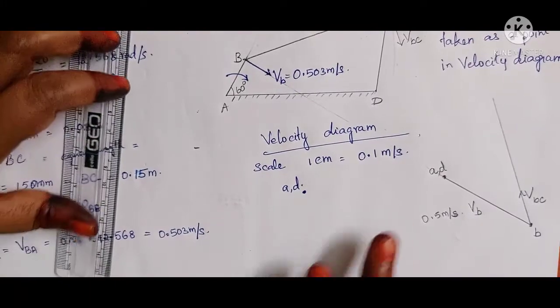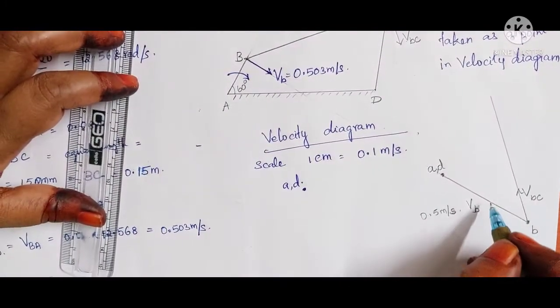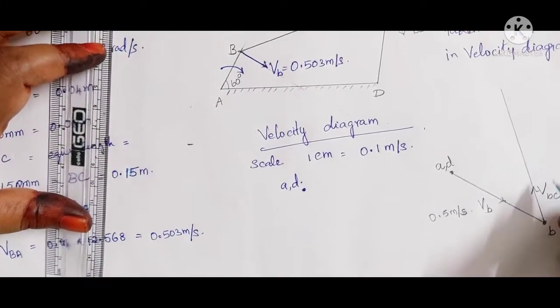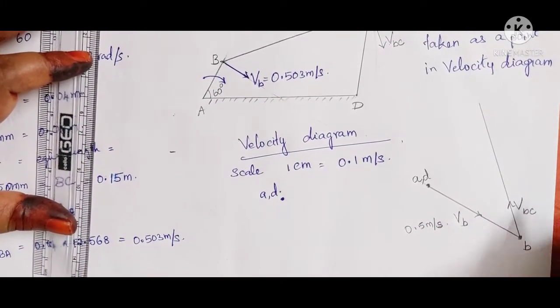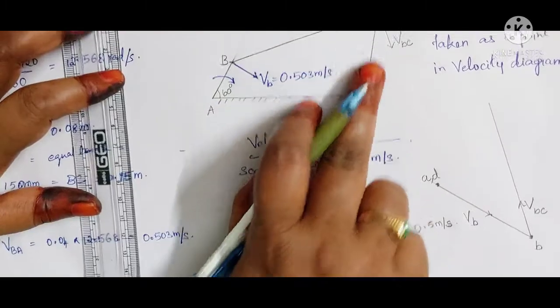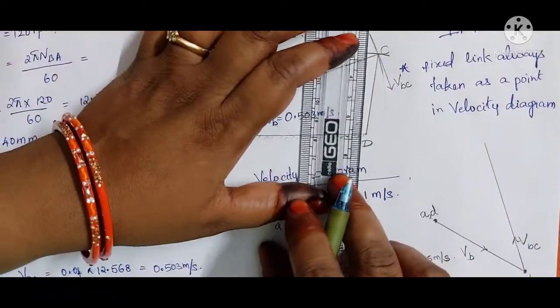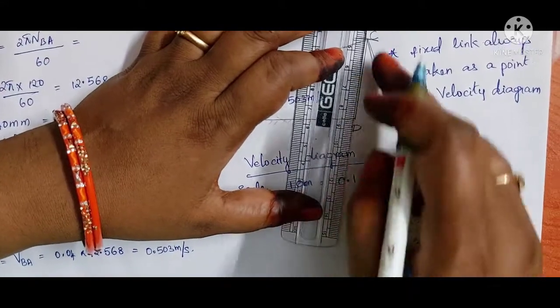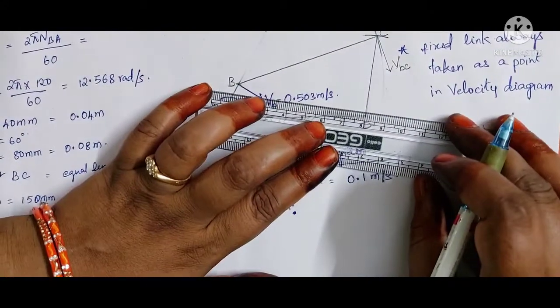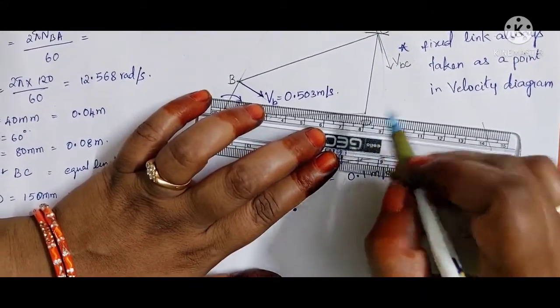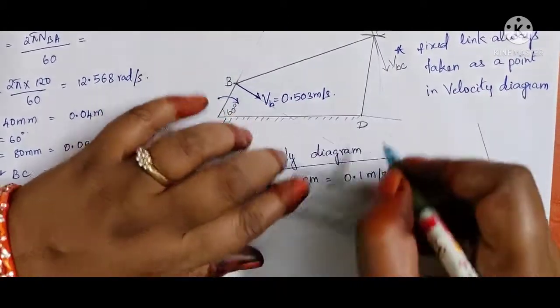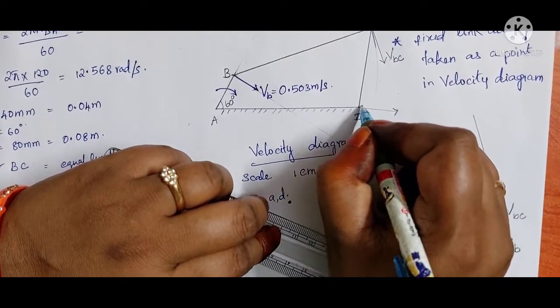From A we have drawn the VB line, and from B we have drawn this VBC link velocity. Now CD, for this CD also, take a perpendicular line. By matching this black line, we will get directly the perpendicular line here.